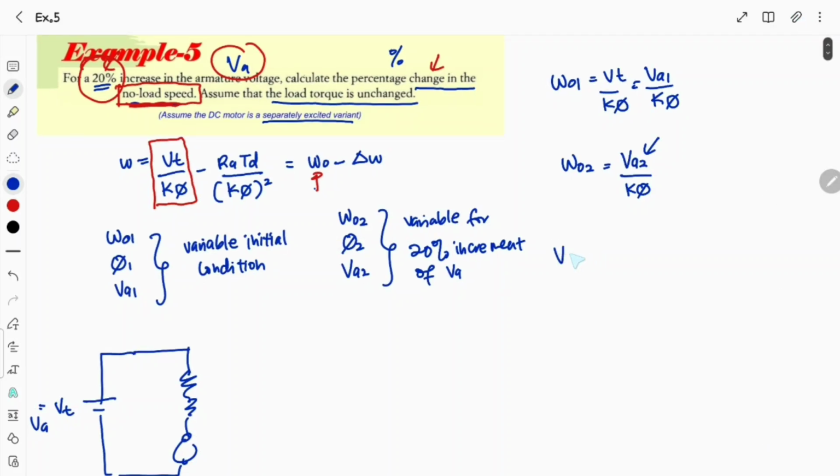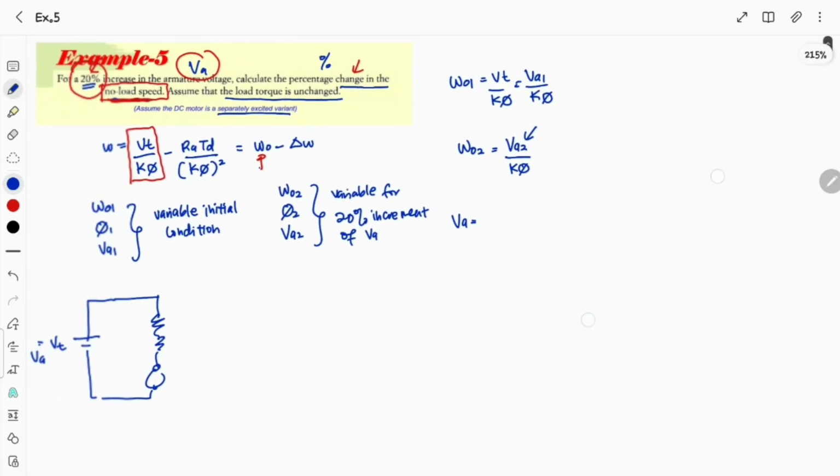First, your VA1 is the initial value, so your VA1 is 100%, or 100 over 100, so no changes. And your VA2 is a 20% increase from VA1.